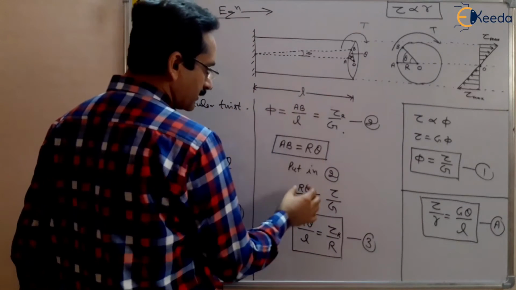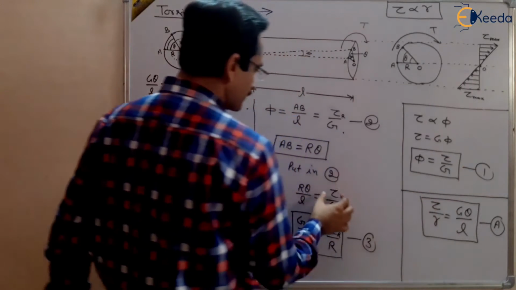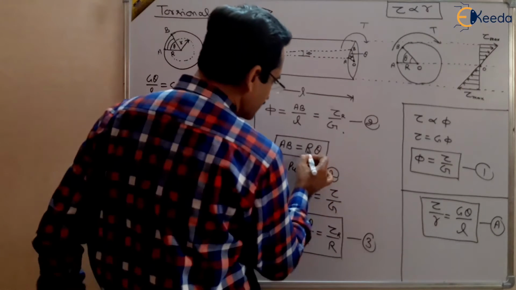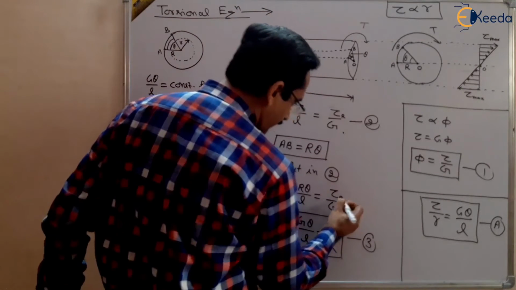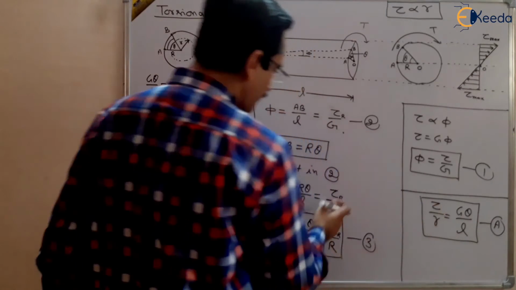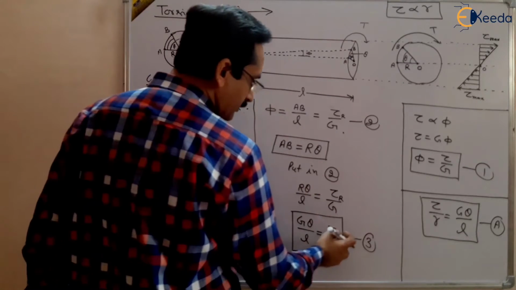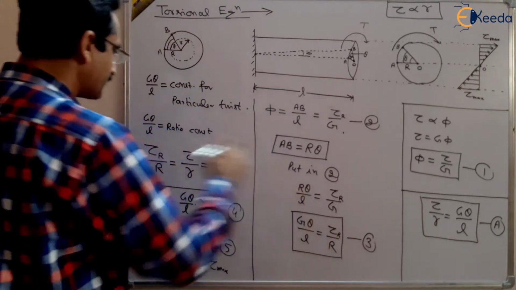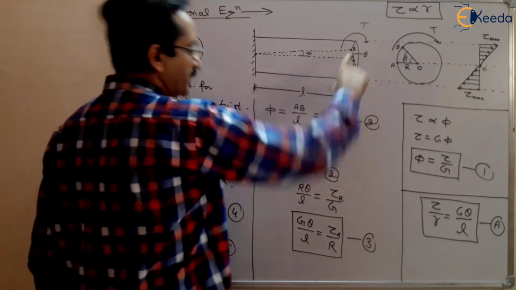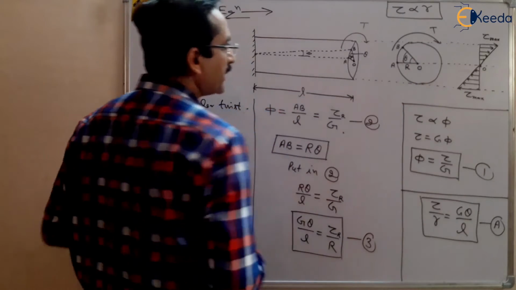We have put here R theta by L, and we know shear strain is given by tau by G, so this will be equal to tau by G. Tau we are using here because the outer radius is there, that's why I am writing tau r for the outer radius. In general we can write tau. So G theta by L is equal to tau by r. This is the equation. Now we have seen that for a given angle of twist, theta is the same for any radius, right?